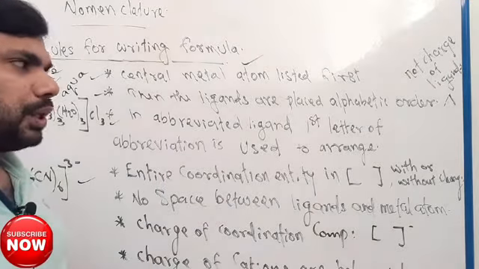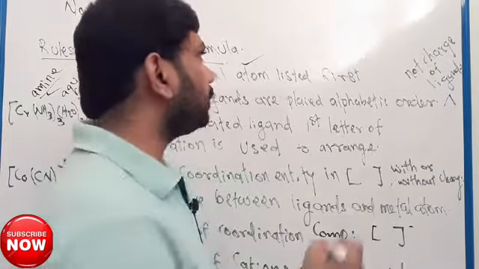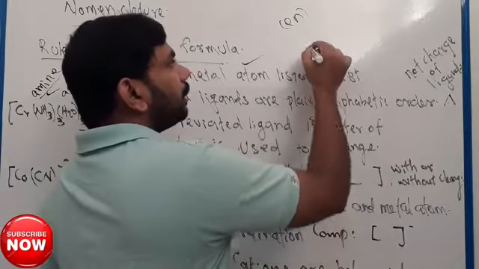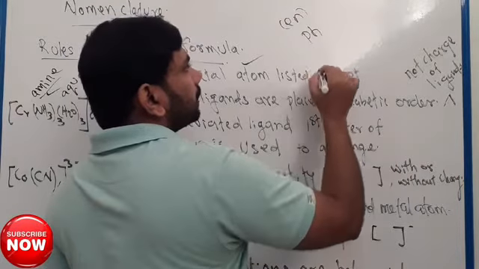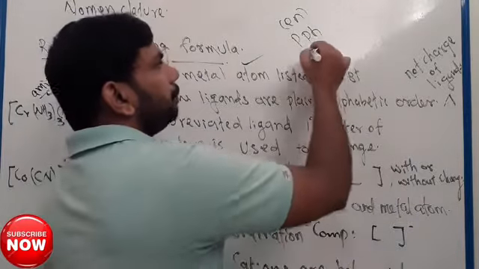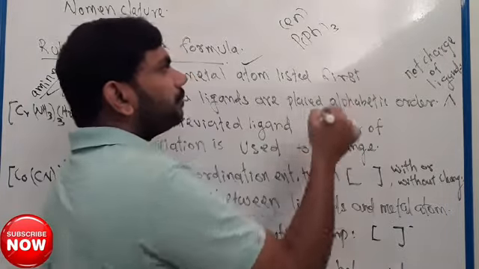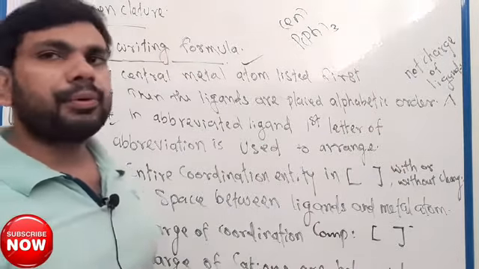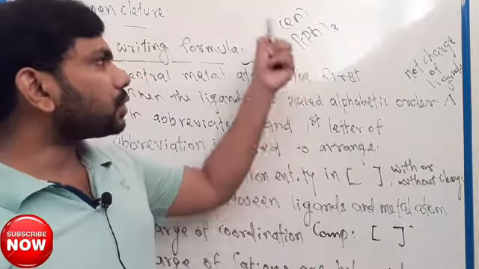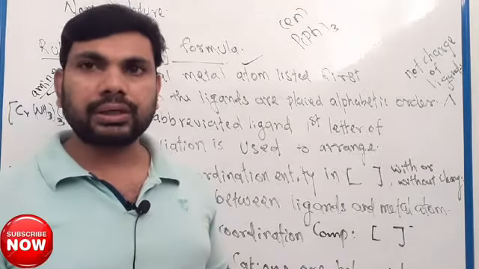Next, sometimes ligands contain abbreviations, for example ethylenediamine, or PPh3, triphenylphosphine. If there is an abbreviation in ligands, these ligands are also arranged according to their alphabetic order.